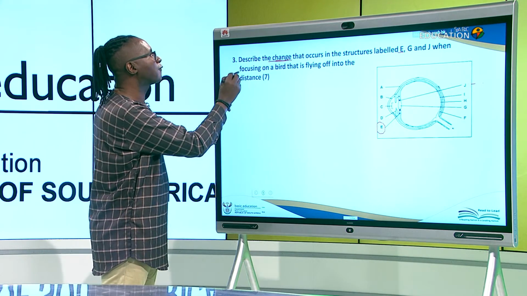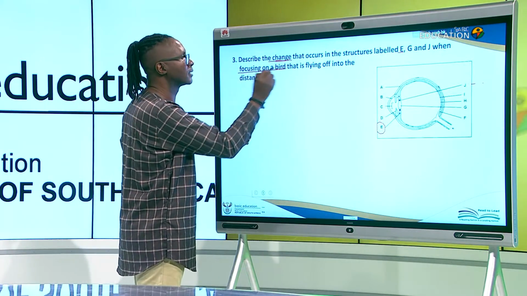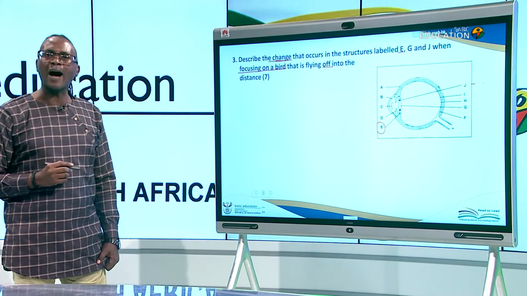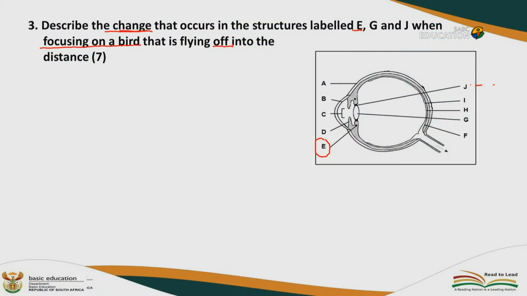It says when focusing on a bird that is flying off more than 6 meters, far vision into the distance. So far vision, what's happening to the ciliary body? It relaxes.